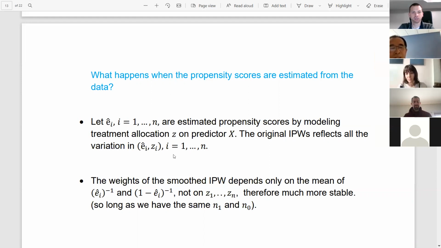If you have a correctly specified parametric model versus a non-parametric model like machine learning, the machine learning will estimate these propensity scores with a large variation. If you plug these into the IPW estimators, that variation will carry on in the estimators.